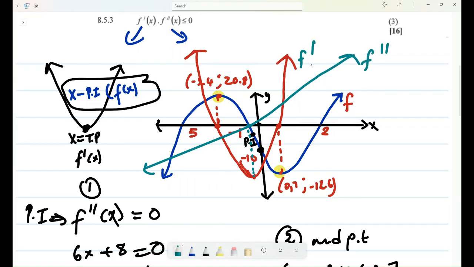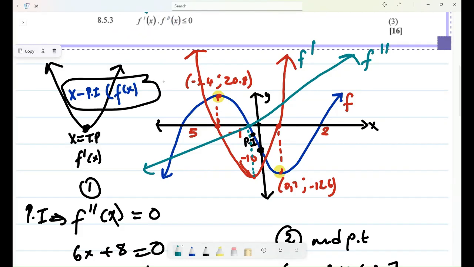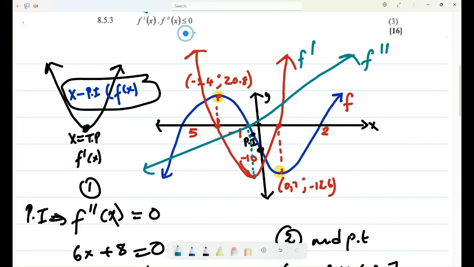This is my f prime. Now they want where, when I multiply this by this, it should be less than 0. It means I want where one is negative and the other positive, or positive and negative. Let's see for the graph of the second derivative: this is negative, negative, negative, negative, negative, then positive, positive, positive.